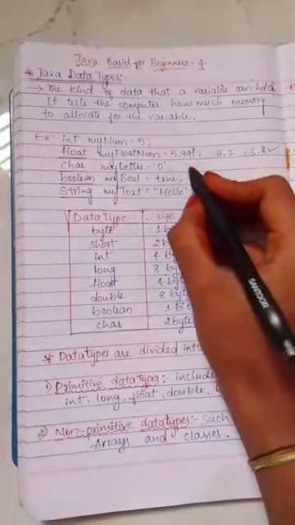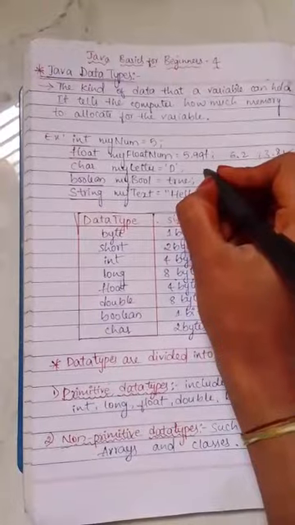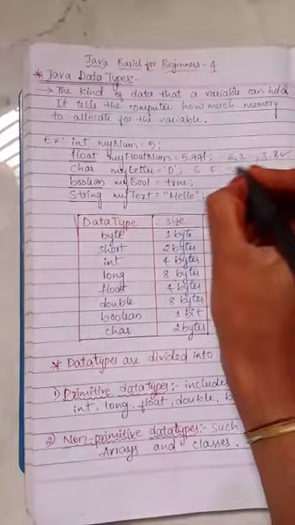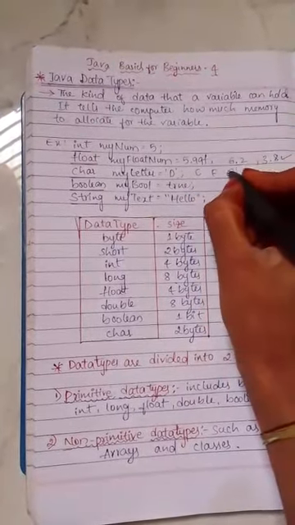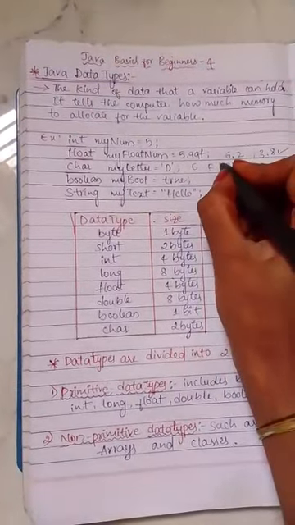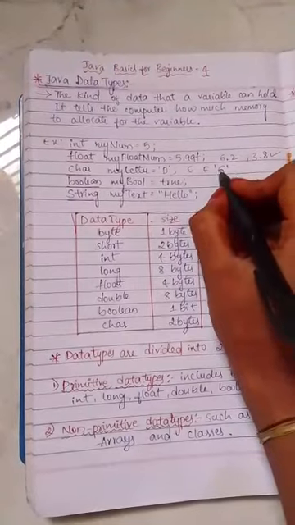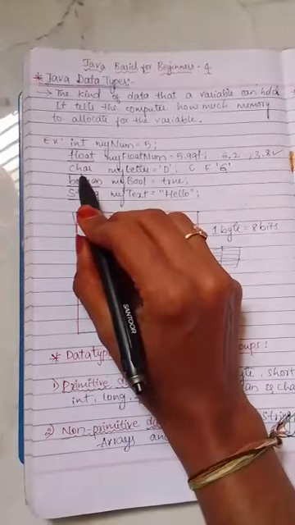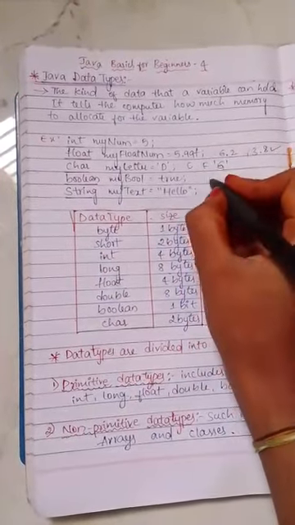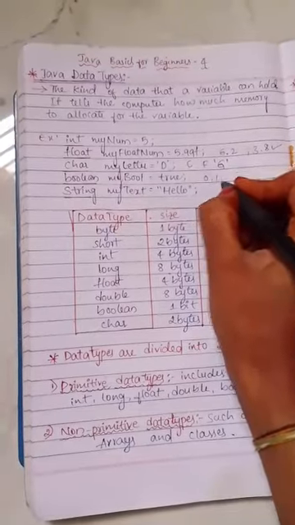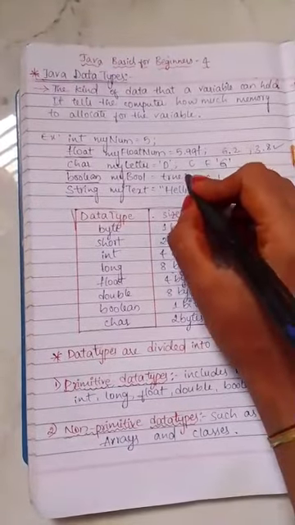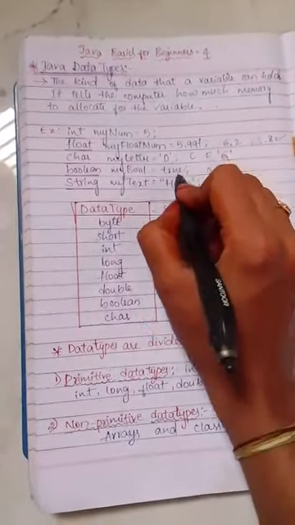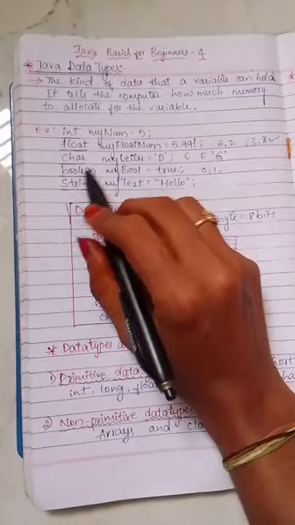And the characters, for example D, C, F, G, within single quotation marks. For these kinds of letters we use the character data type. For 0, 1, true, false, this kind of data we use the boolean data type.